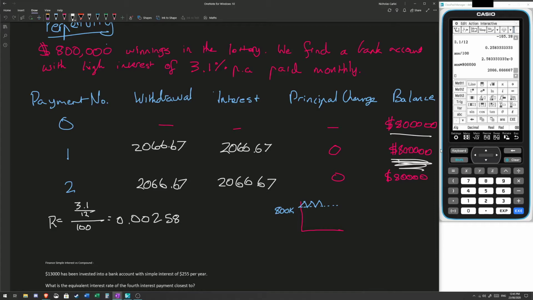As long as we can keep that up every month, we're constantly, and I've left a 0 off there, haven't I? $800,000. Every single month we're staying the exact same. So that's what's called a perpetuity. And it's something we should do with our lottery winnings if we ever win it, okay? Because we can keep constant with our money.